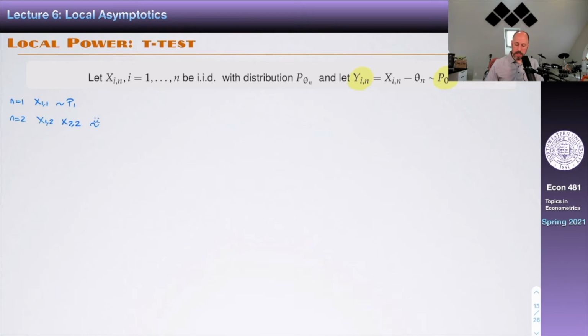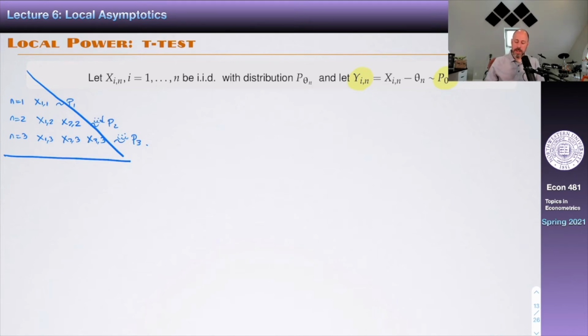These are IID P2. And then you have n equal to 3, you have X_1,3, X_2,3, X_3,3. Then these are IID P3. And then you see how it looks like a triangle that is just coming down like this. Okay, and that's why that's called a triangular array.